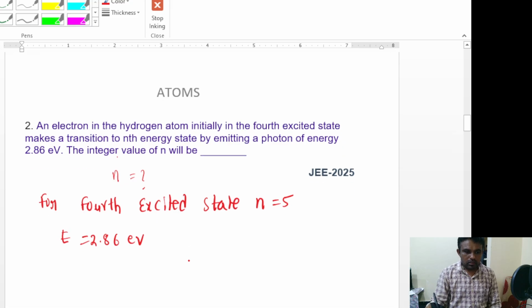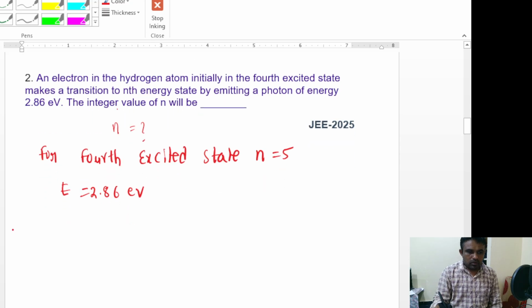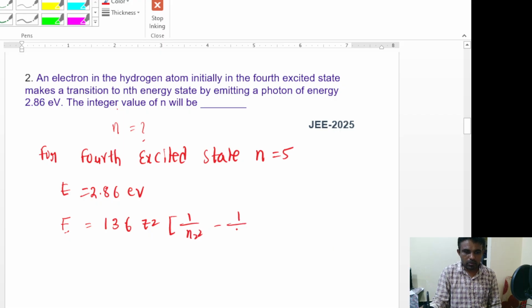So the final energy E is equal to the formula 13.6 into Z square into 1 by n2 square minus 1 by n1 square. So n2 is equal to n here, and n1 is equal to 5.